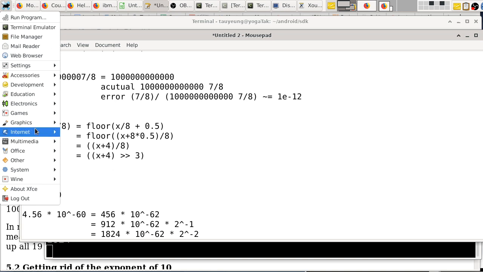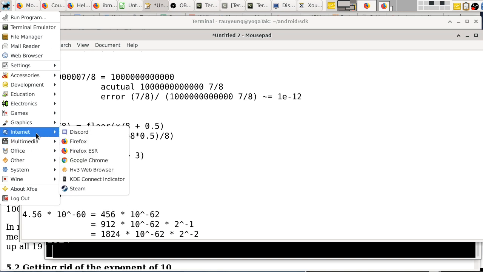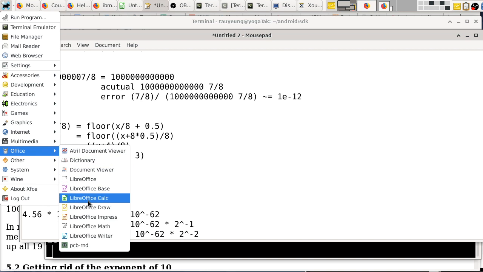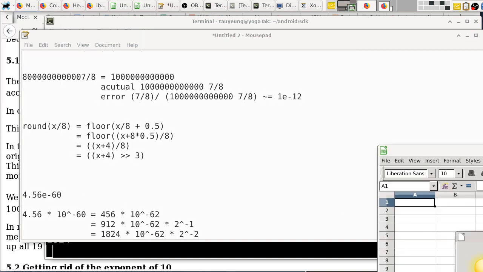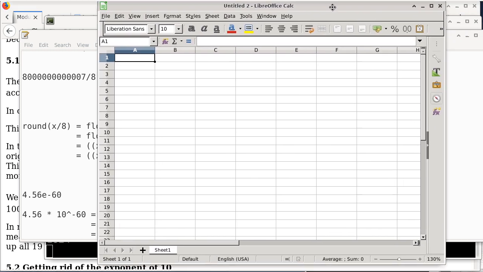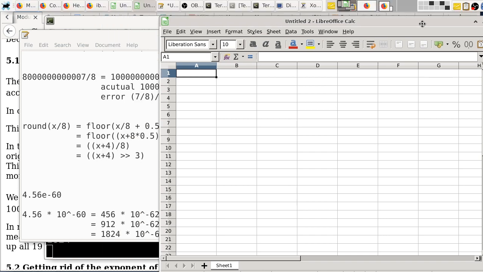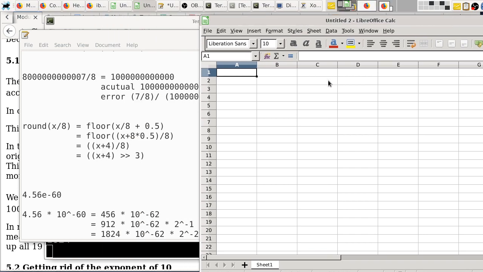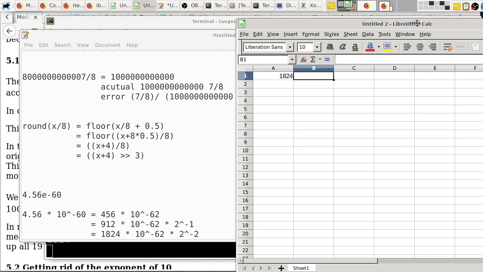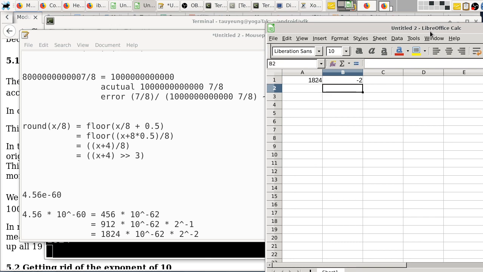So I'm just going to use LibreOffice Calc. You can use any type of spreadsheet. It's just easy to work with. Okay. So we start with 1824, and the exponent that we are dealing with is -2 already.